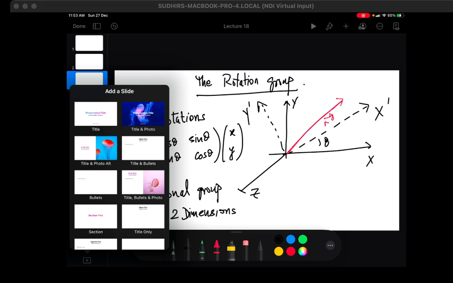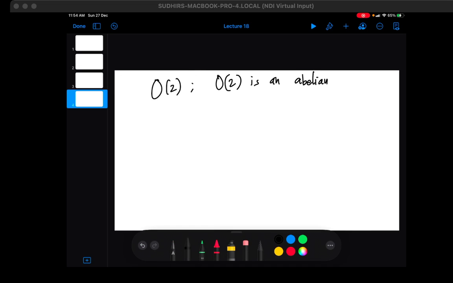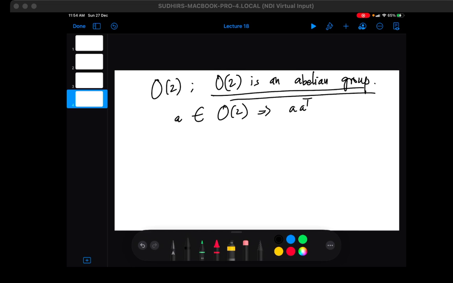O2 is an abelian group, and every element in O2 is orthogonal. That means, for example, every element A belonging to O2 implies A transpose A is equal to 1.